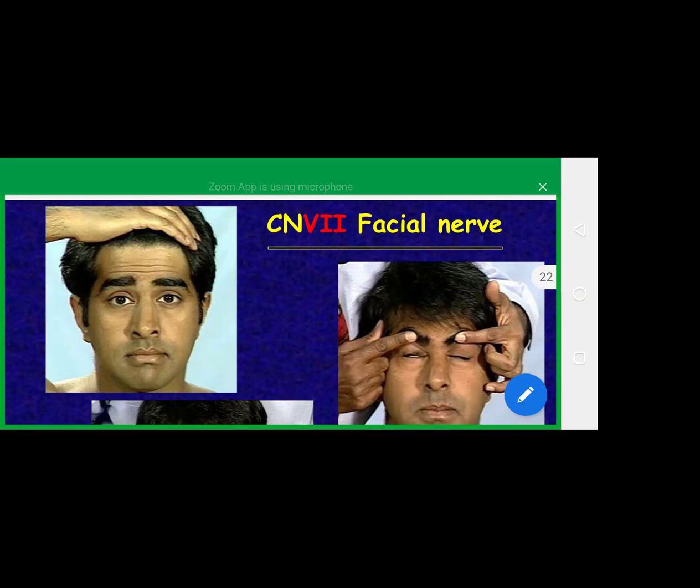The patient is looking up, thereby wrinkling the forehead. You can see the forehead wrinkled in this picture.